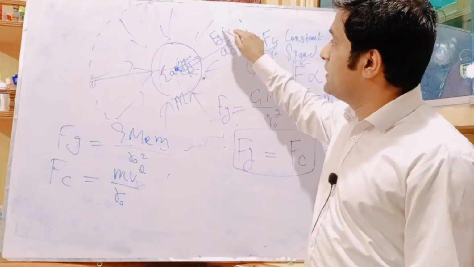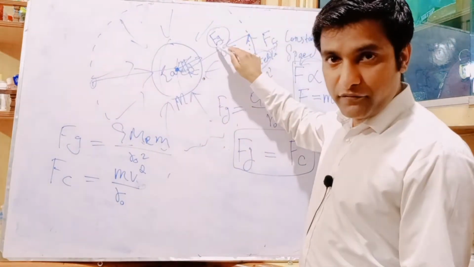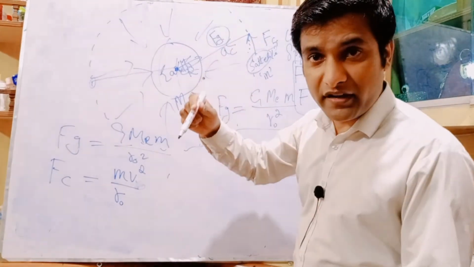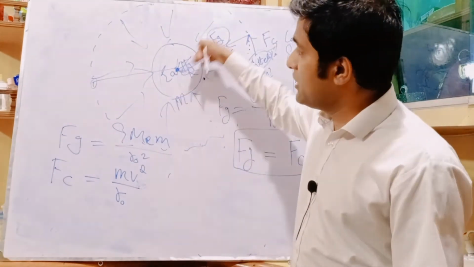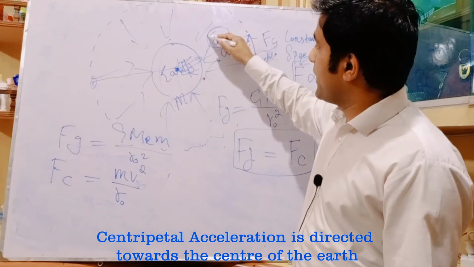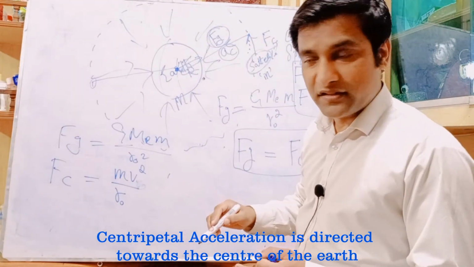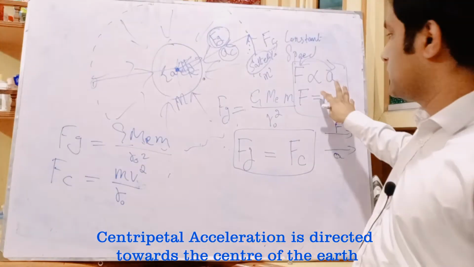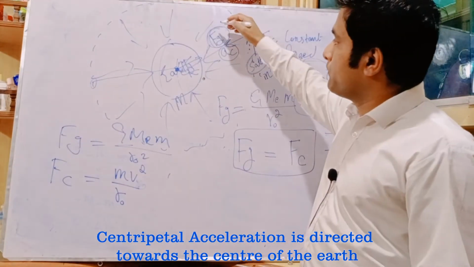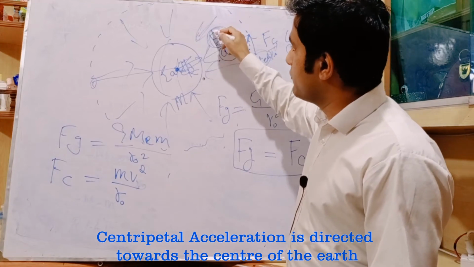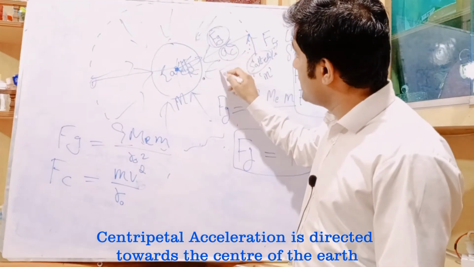In this case, gravitational force is providing the centripetal force. Where is the direction of gravitational force? Inwards. Acceleration and force have the same direction, as we have learned in Newton's second law. So gravitational force will be inwards and centripetal force will be inwards.